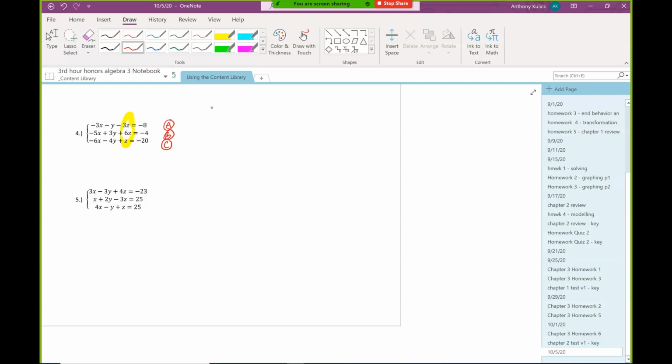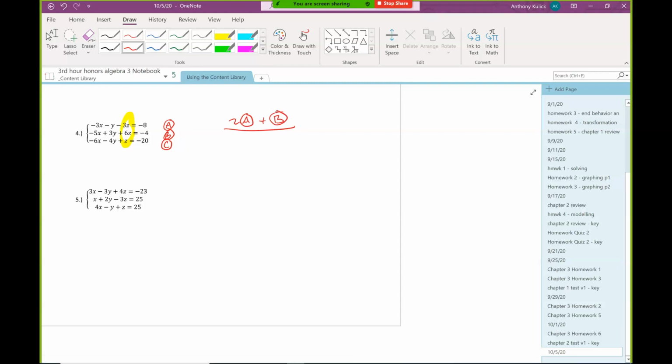If I want to add those together so that the z's cancel out, they wouldn't right there. But is there a number that both 3 and 6 go into? Sure. 6, right? So let's change the coefficients so that they're 6 and negative 6. So I'll multiply A by 2, and then B I don't have to multiply by anything because its coefficient is already 6. Does that feel okay?